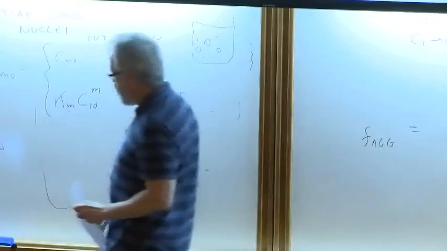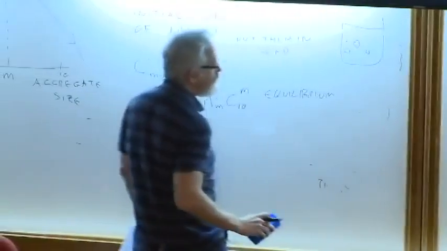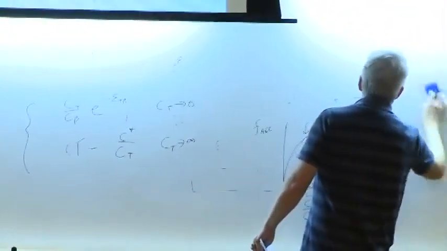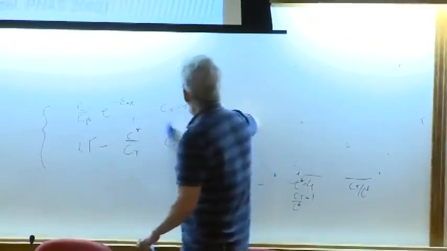Now, there are two quantities of interest that we want to write down simple kinetic models for. And then I'll do a couple of slight tweaks to these kinetic models so you can see other features.